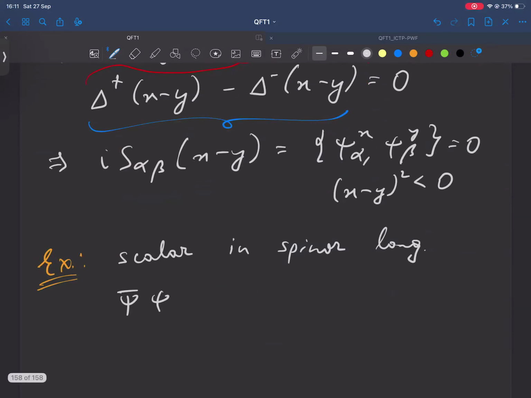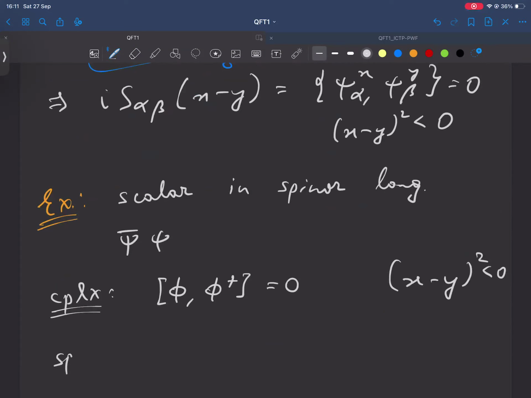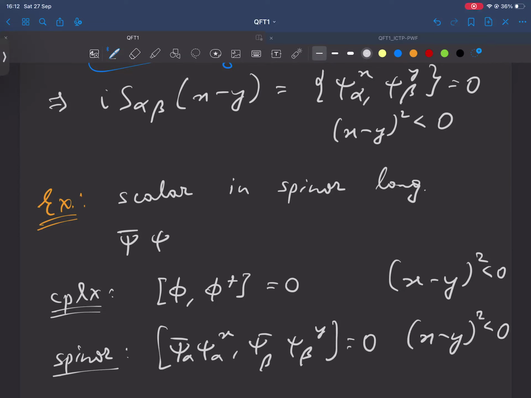So what we had in the complex scalar field case, that phi and phi dagger and their commutator vanishing for space-like separations, means the analogous thing in the spinor case should be psi bar alpha psi alpha and psi bar beta psi beta, depending on x and here depending on y, is 0, if x minus y is space-like separated.